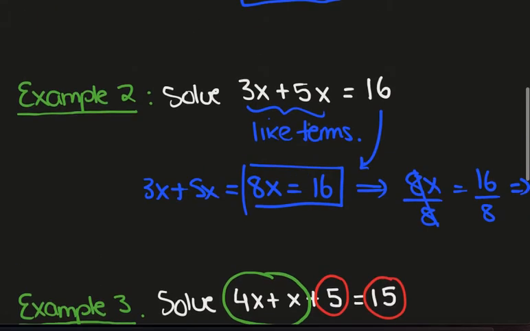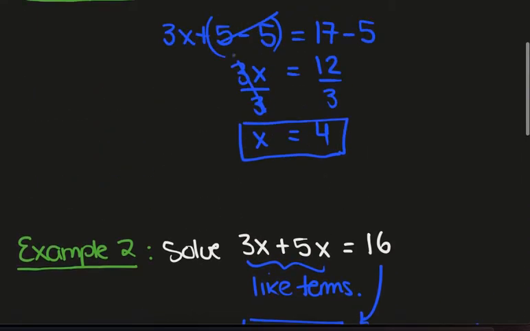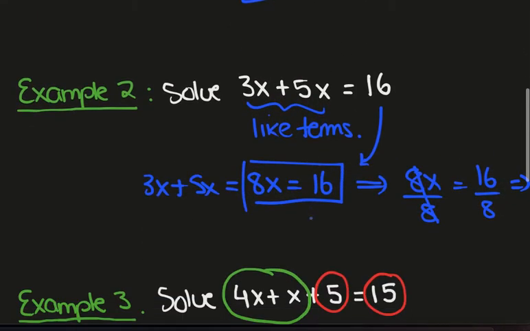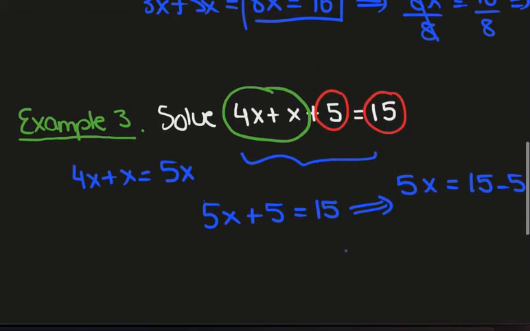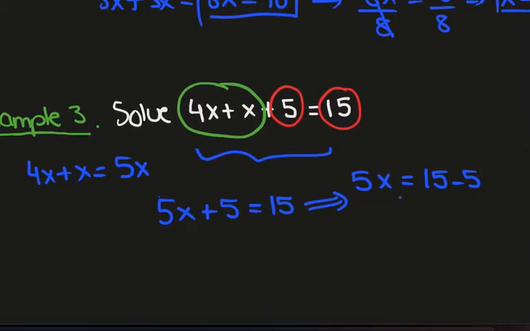I've skipped this step of doing the minus 5 here because it cancels. That's how this works fundamentally. So what we have is 5x equals 15 minus 5, so 5x equals 10. Now we do the opposite of multiplication by 5, which is division by 5, and that gives us 10 divided by 5, which is 2.